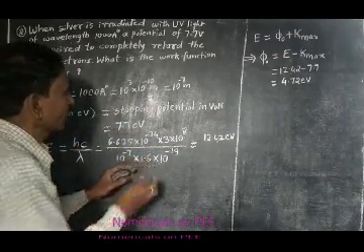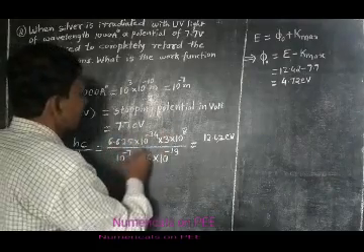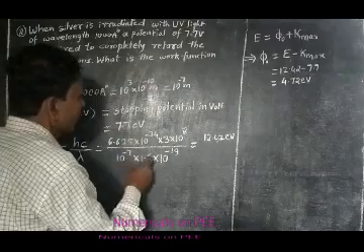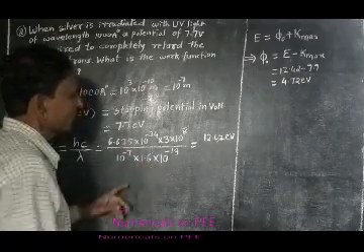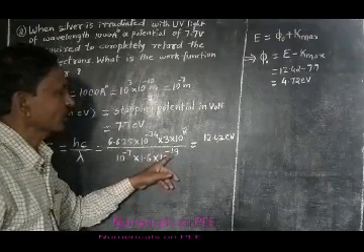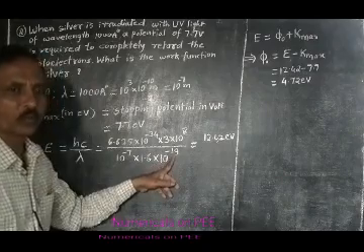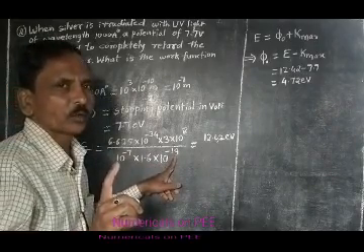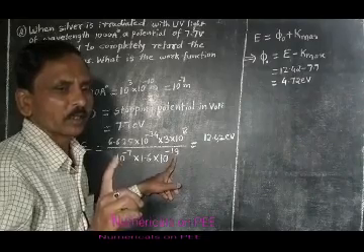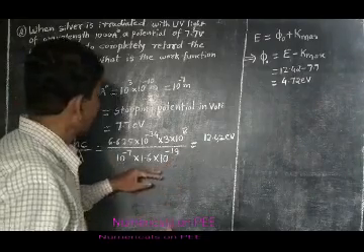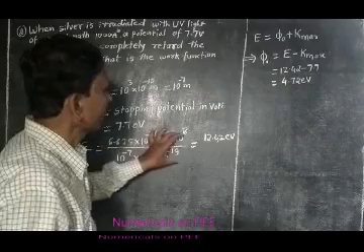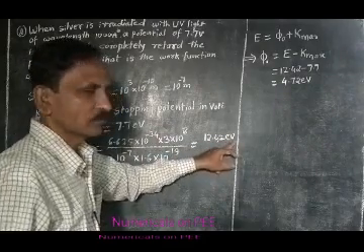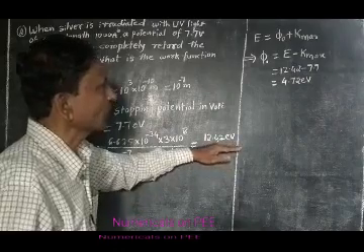Therefore convert energy in joule to electron volt, divide this by 1.6 into 10 to the power minus 19, because we know that 1 electron volt equal to 1.6 into 10 to the power minus 19 joule. Thus solving this we get 12.42 electron volt, that is energy of photon in electron volt.